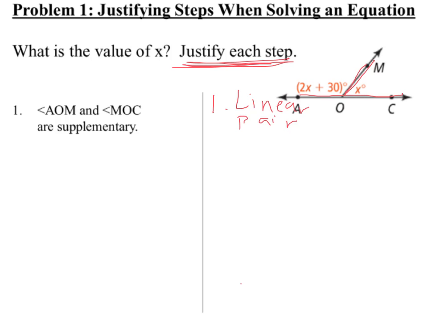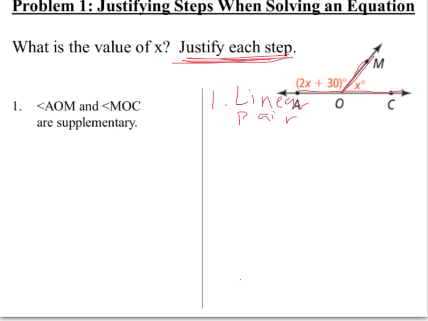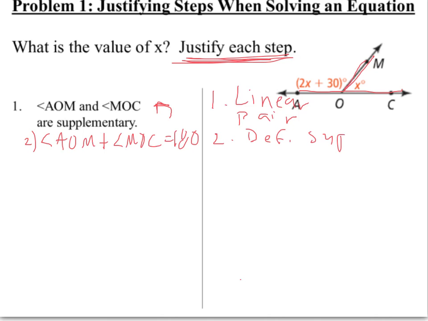Now I want my next step. When you're solving for your next step of your statement, you always want to look at the previous statement to help you. So I already said something about angle AOM plus angle MOC, and supplementary means 180. And my reason for that could be definition of supplementary angles.